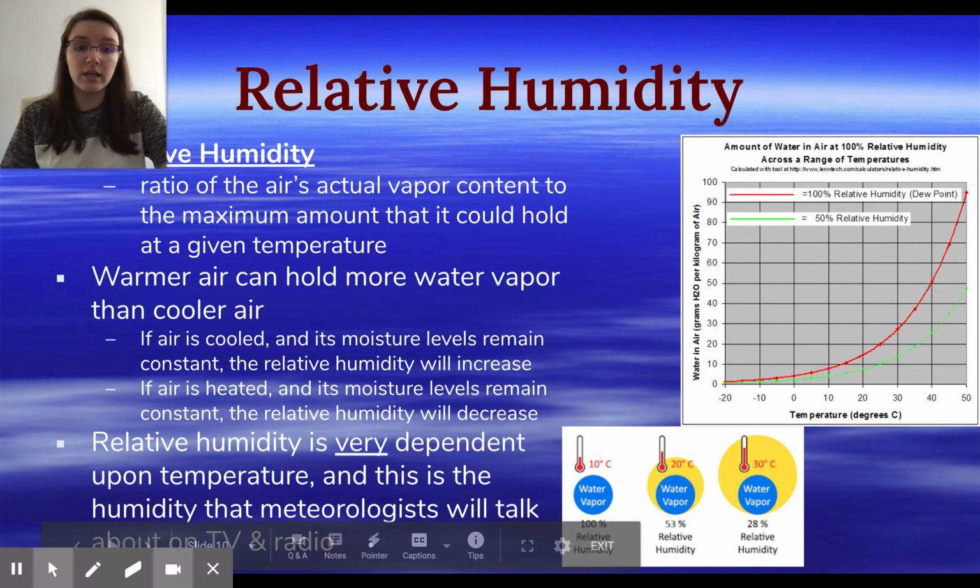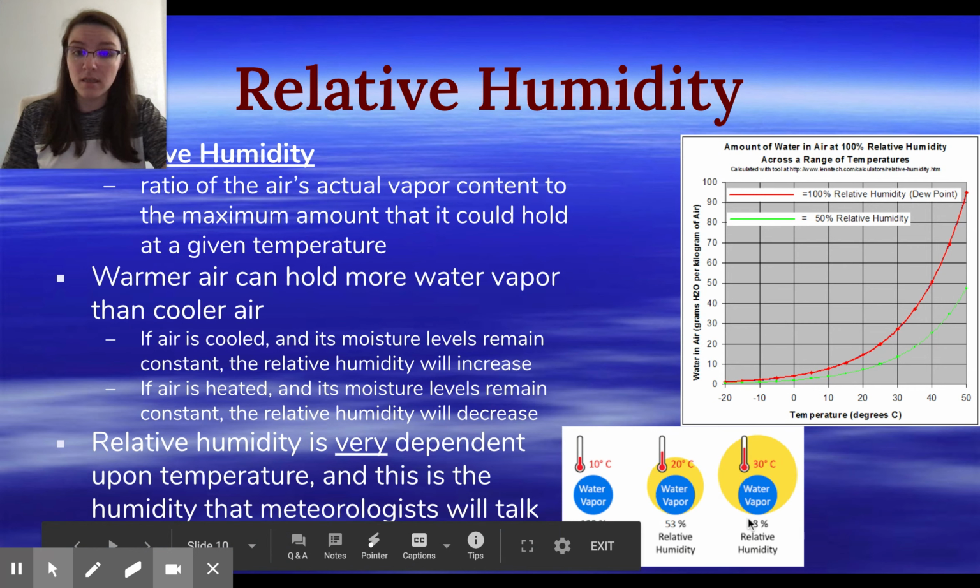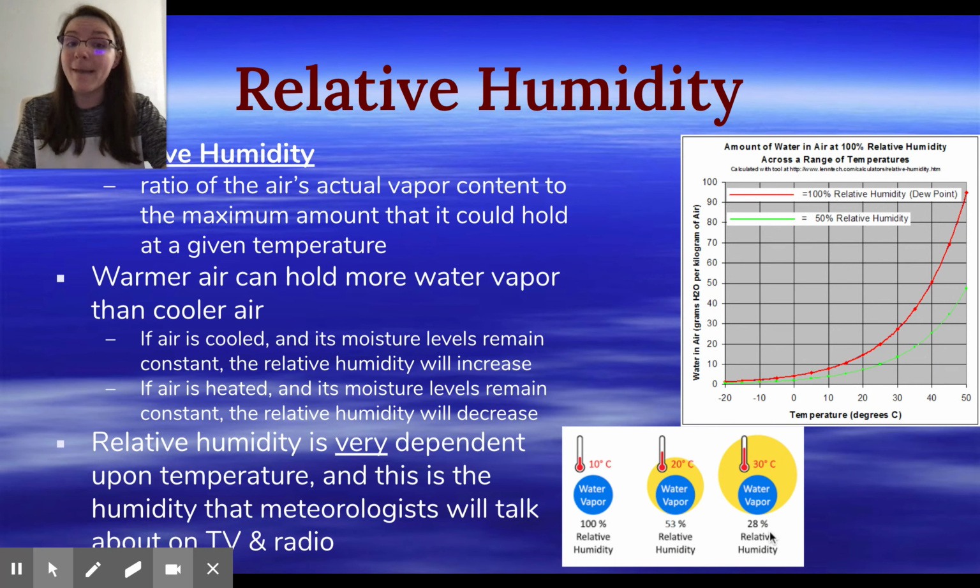Imagine here, down in the corner, I've got 10 degrees Celsius weather, 20 degrees Celsius weather, and 30 degrees Celsius weather. Warmer air can hold more water vapor. Here, the yellow circle is showing the maximum amount of water vapor that this air can hold.